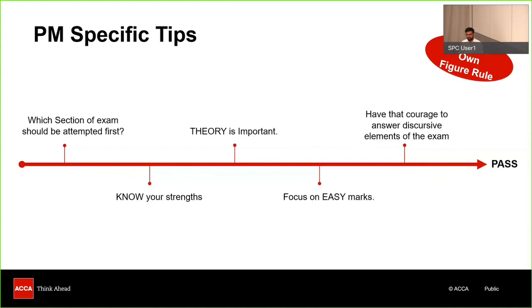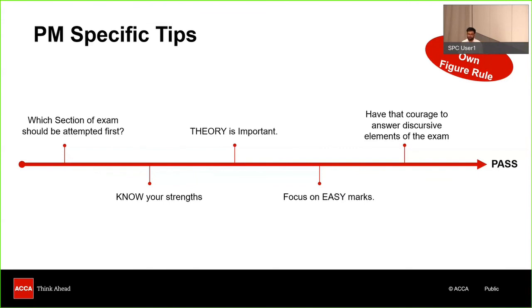The next tip, focus on easy marks. Why do students fail the exam? It's not because the examiner has tested a very difficult question. It's just because they have overlooked those easy marks which were there in every section of the exam. Every section of the exam contains easy marks.